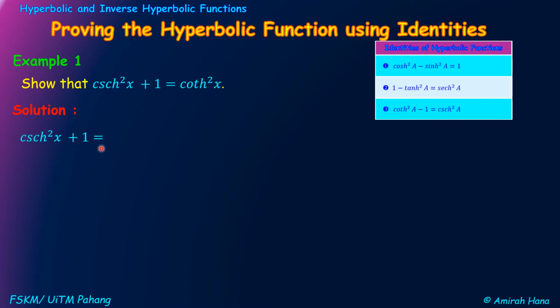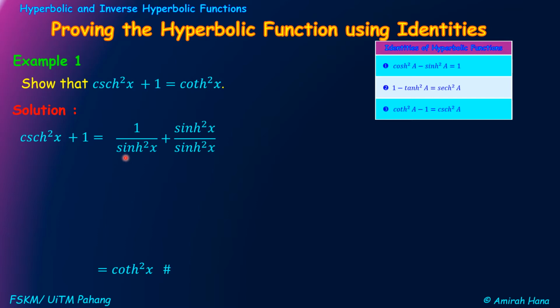Then we equate the last row to right hand side, which is cot squared x. From cosec squared x here, this is a reciprocal function, so we can write cosec squared x equals 1 over sin squared x. And then plus 1 here, since we have a fraction, we can write 1 as a fraction.